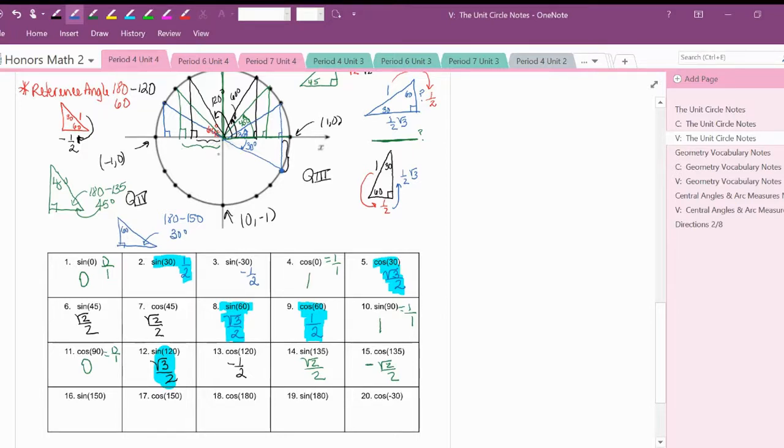Again, we can reuse that information from the first quadrant, except we have to recognize that the adjacent side, when we build our cosine ratio, will have a negative. And then I go back to cosine of 30, square root 3 over 2. Note that needs a negative, and the sine of 30 degrees would be 1/2.